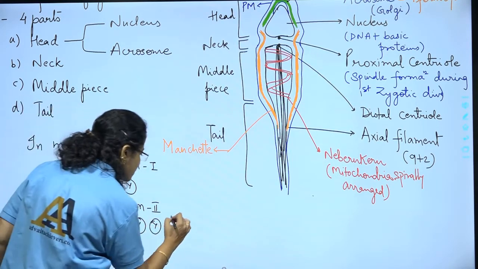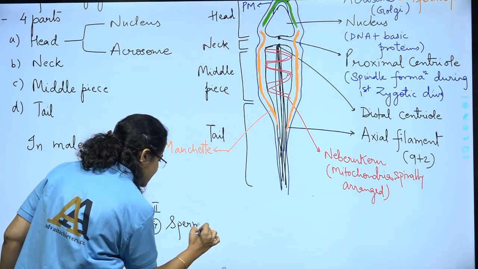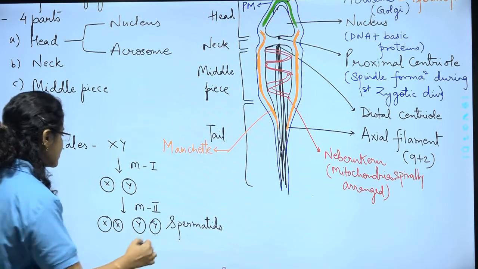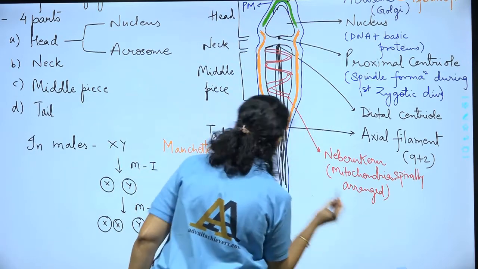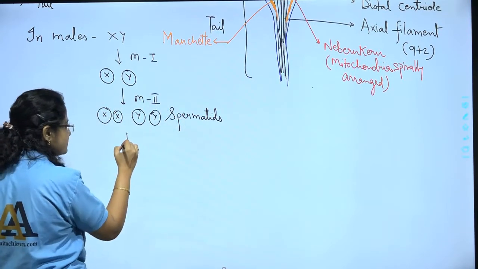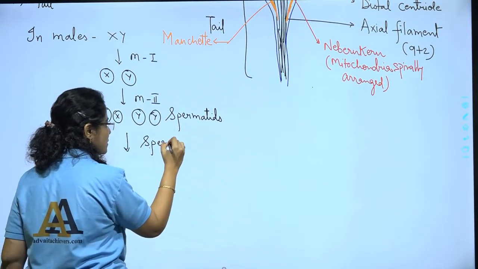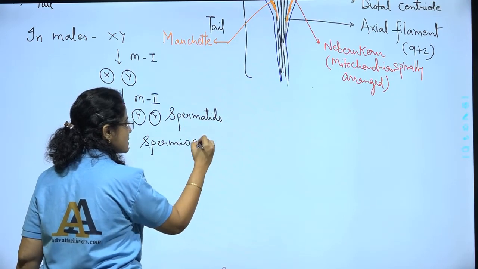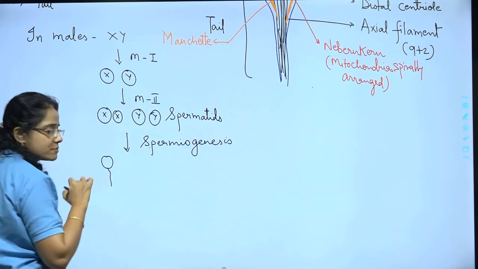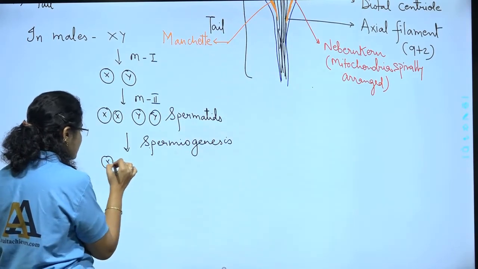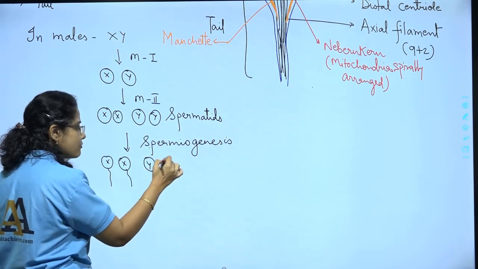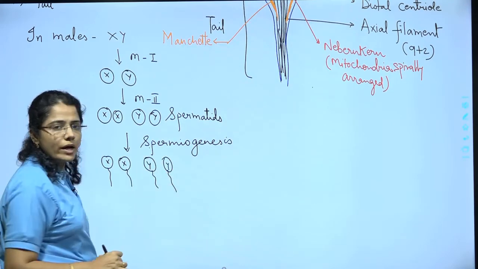These formed are spermatids. And then these spermatids undergo spermiogenesis. And what they form will be the sperms. So here half of the sperms will have the X chromosome and half of the sperms will have the Y chromosome.